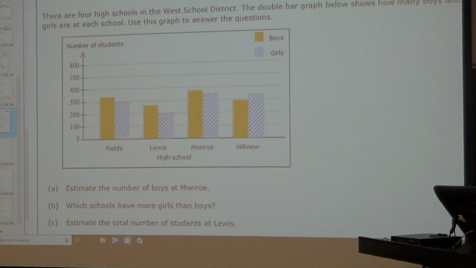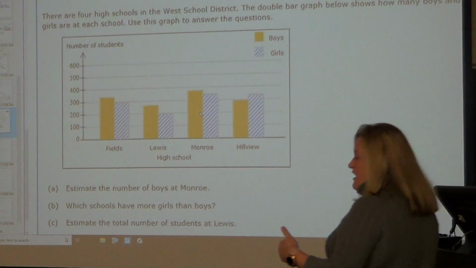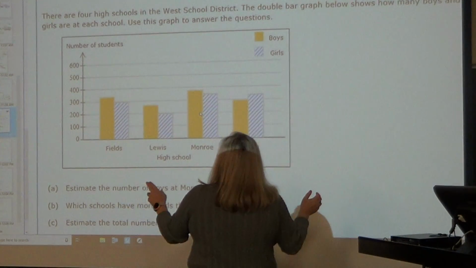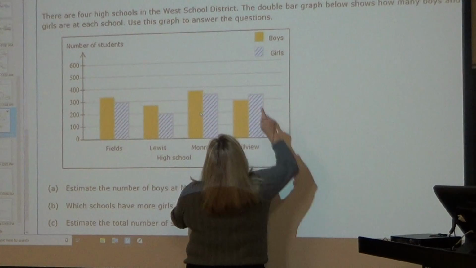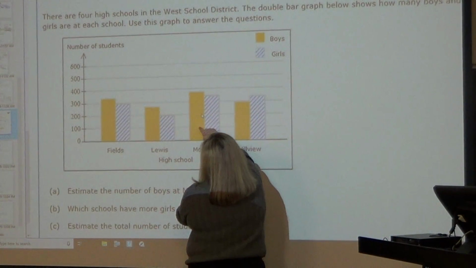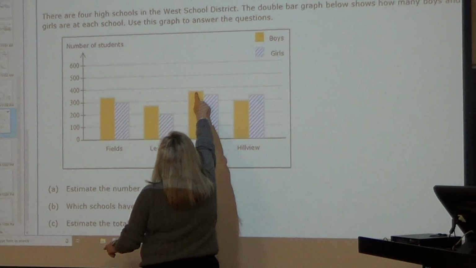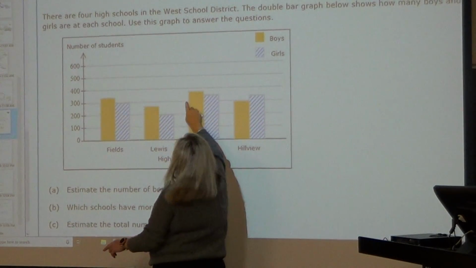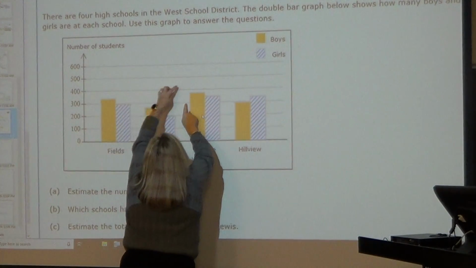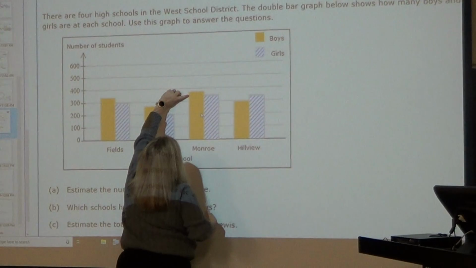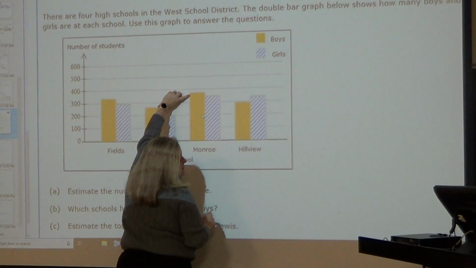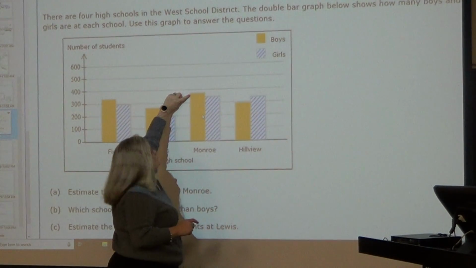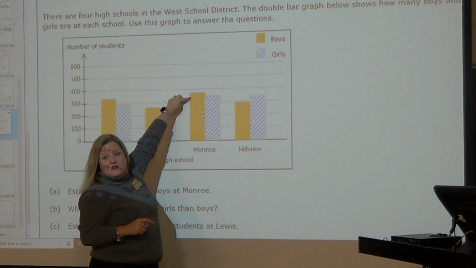All right, this one is showing bar graphs for different schools. Boys are in orange, girls are in striped. Estimate the number of boys at Monroe. So boys are orange. Okay, so how many boys are at Monroe? This is 300, this is 400. So do you agree, what would halfway be? 350. So do you agree it's more than 350? Yes.